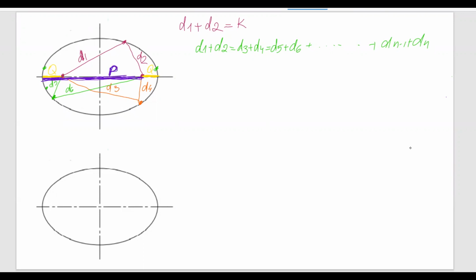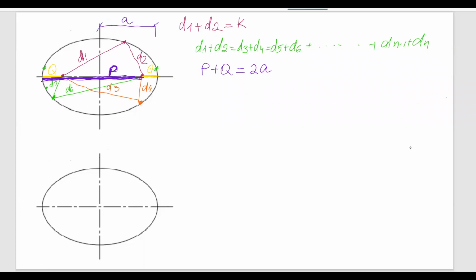So if you think about it, how much is P plus Q? P plus Q is equal to the major diameter. And the major diameter is equal to 2A, right? Because A is the semi-major diameter.